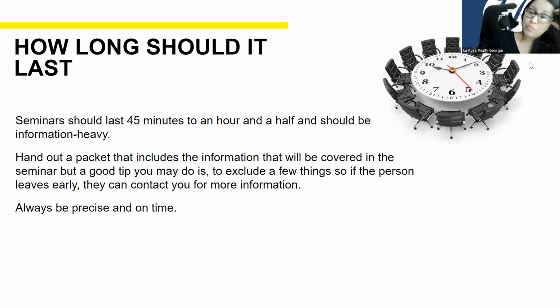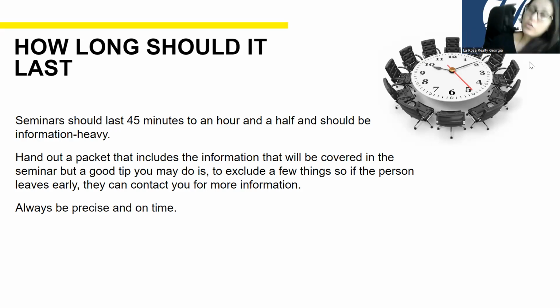People are very satisfied when they get to a place and it says it's going to start at a certain time, it starts at that time, and it ends when it says it will end. Maybe a few minutes may pass after the time, but it could be because people are very engaged, asking questions, hooked on what is being said and absorbing all the information given.